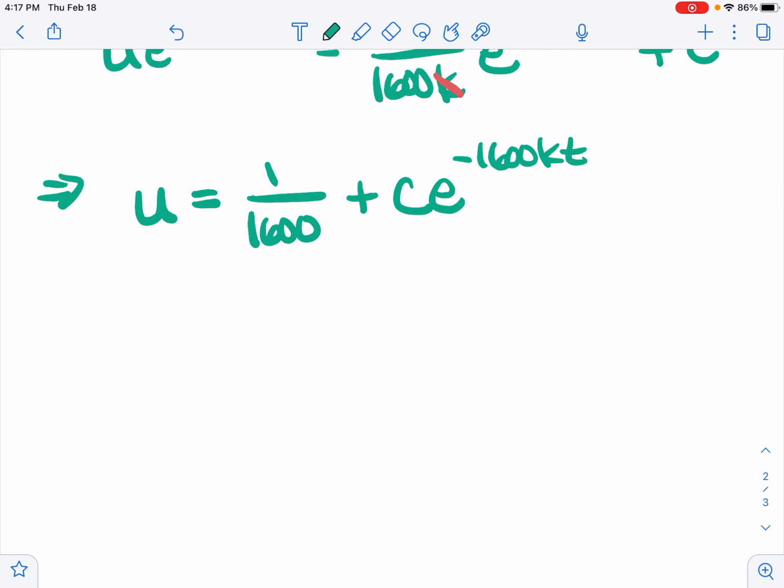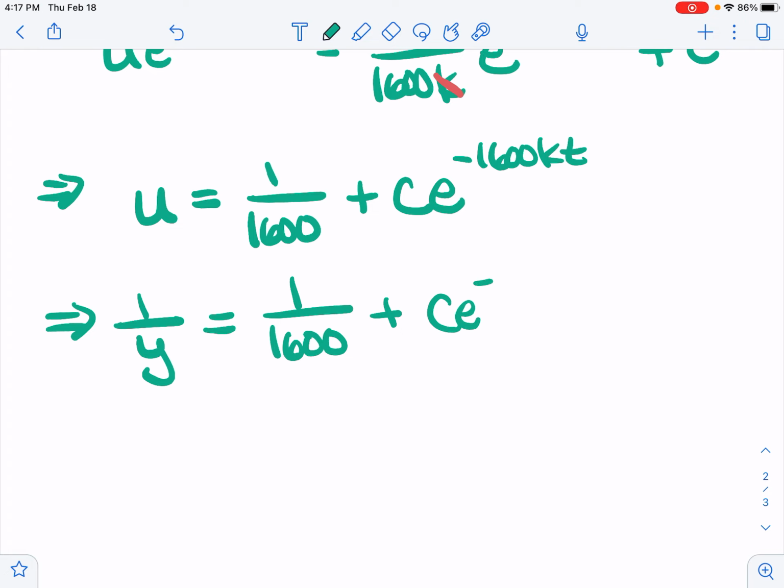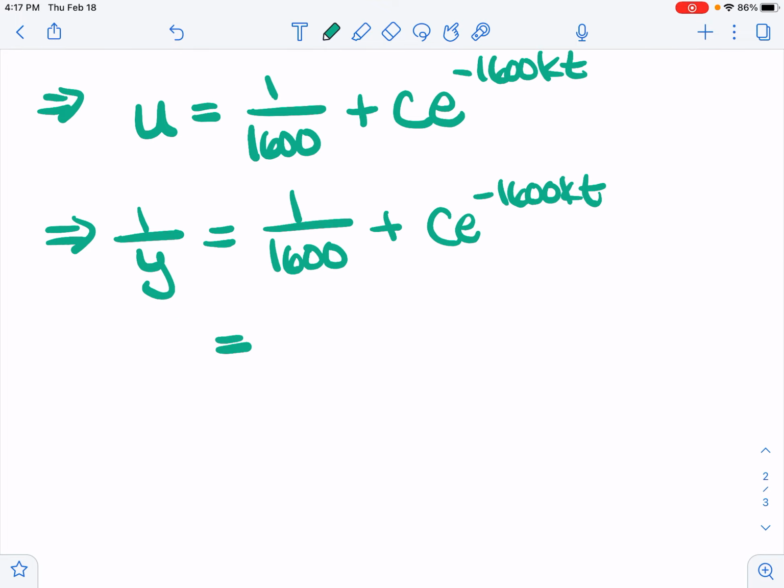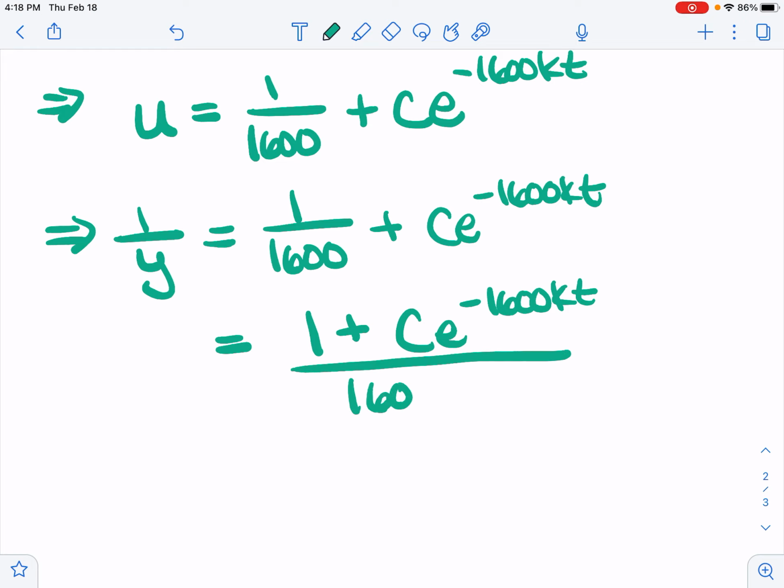So that is our 1 over y. To be able to invert that and get y, it might be nice if we have these terms on the right combined with a common denominator. So let's say that's 1 plus 1600 c e to the minus 1600 kt divided by 1600.